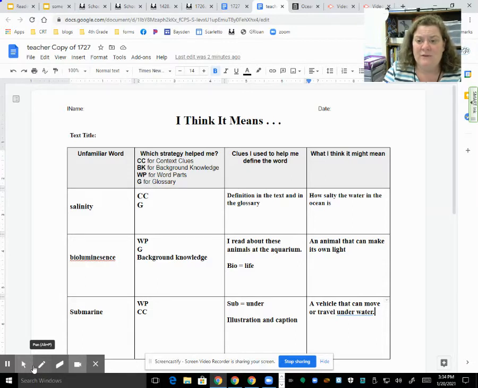So don't be nervous or worried that I'll be all judgy as a teacher, like, how do they not know that word? So when we're thinking unfamiliar words, we're thinking about words that maybe the author might have thought would be unfamiliar to us. So that's okay. Don't worry about that word unfamiliar too much.